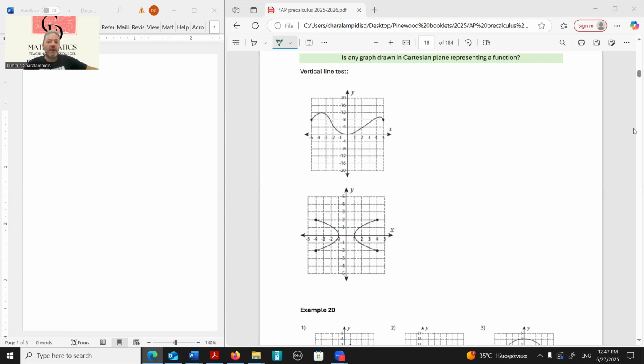To test that, we have the vertical line test that goes as follows.